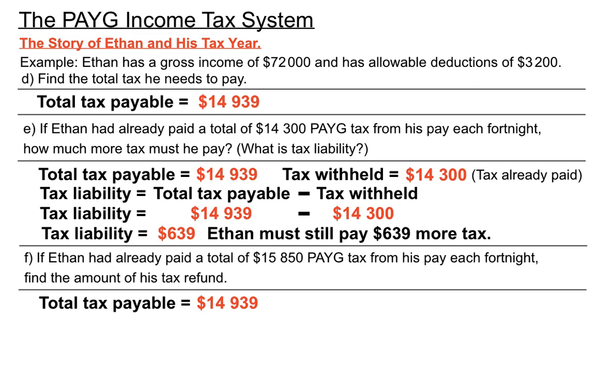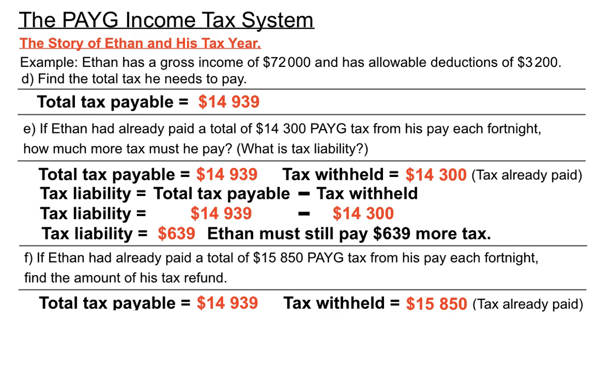So we'll just compare these amounts again here. The total tax payable from the last section of the previous screen, $14,939. This time the tax withheld is quite a bit more than that. So he's actually paid tax already that totals more than he needed to, and that sometimes happens. And so we'll just subtract that.